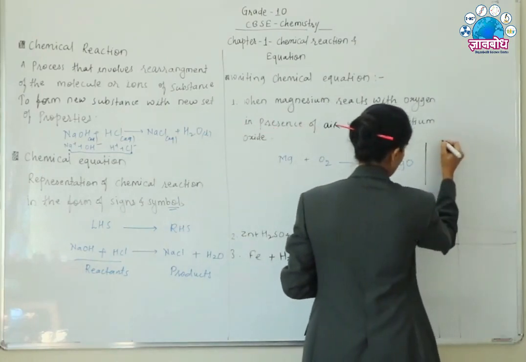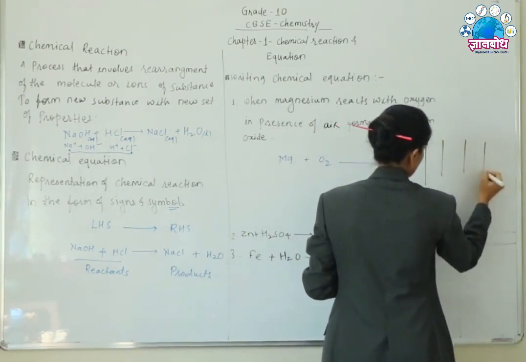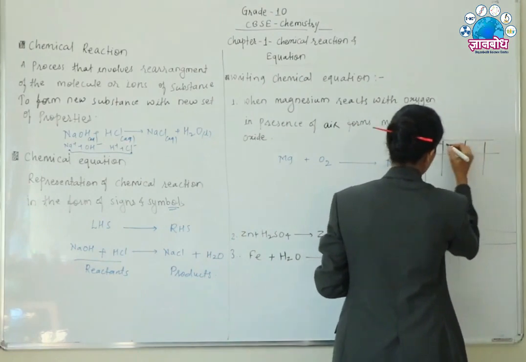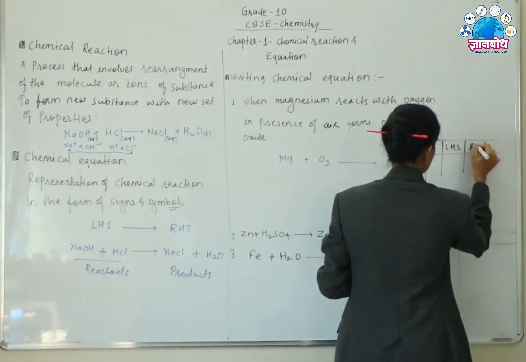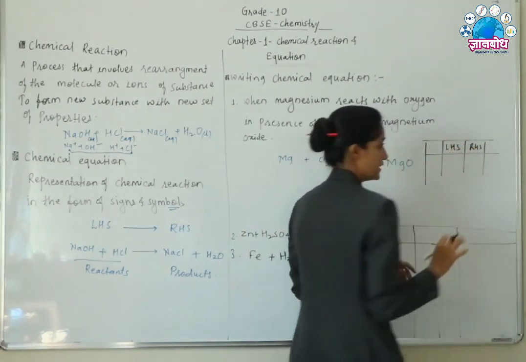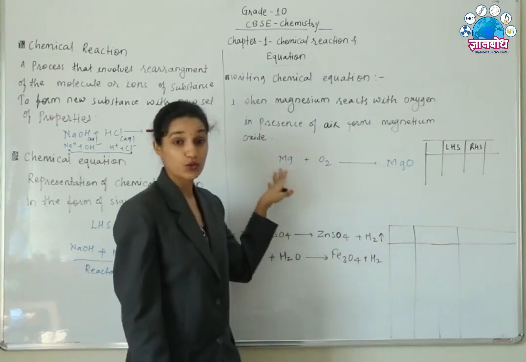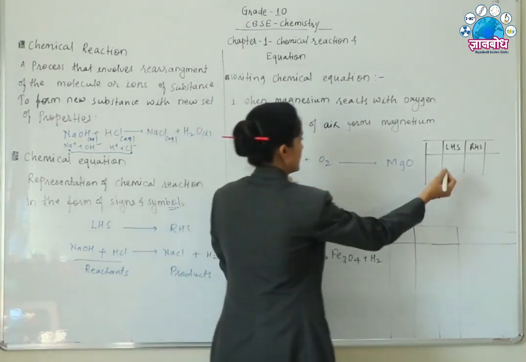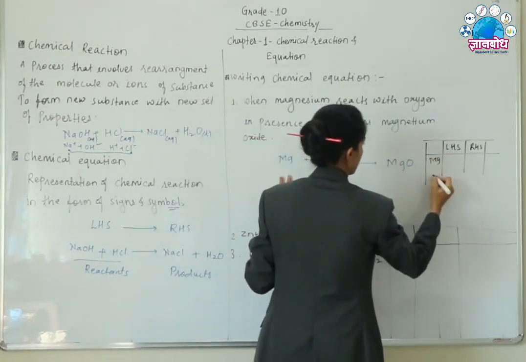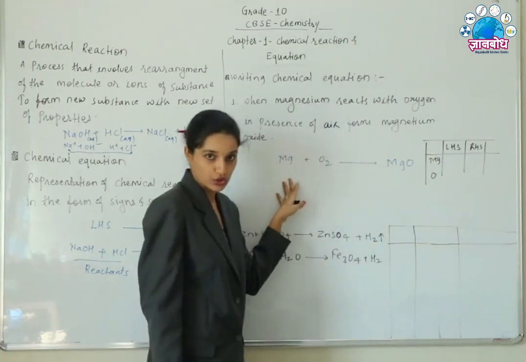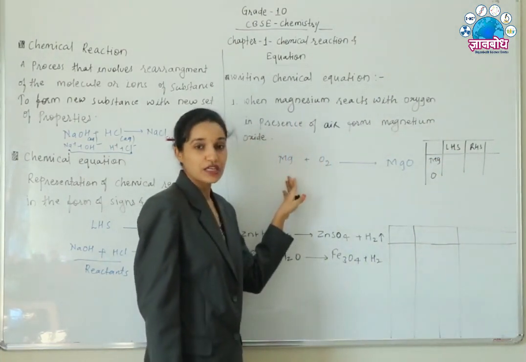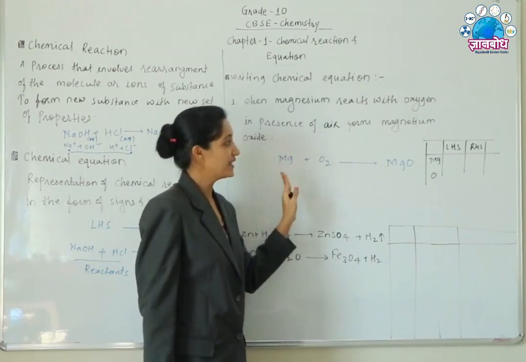So to make that, we need to make a simple chart: LHS, RHS, and these elements. Now what are the two elements present in the reaction? Simple, Mg and O, oxygen. Okay, let's count the elements present in LHS.